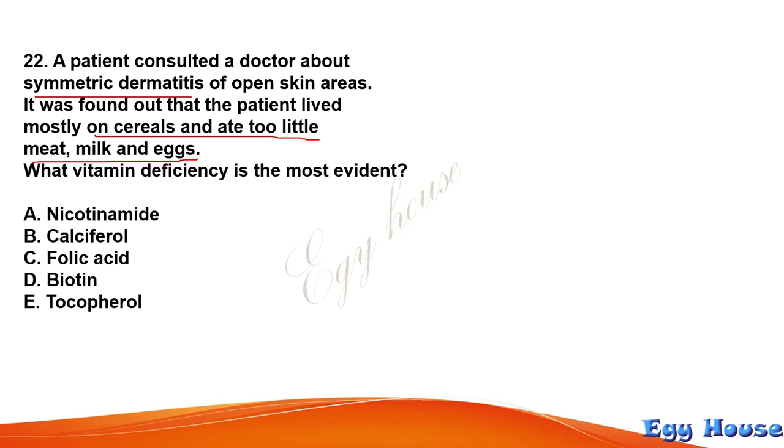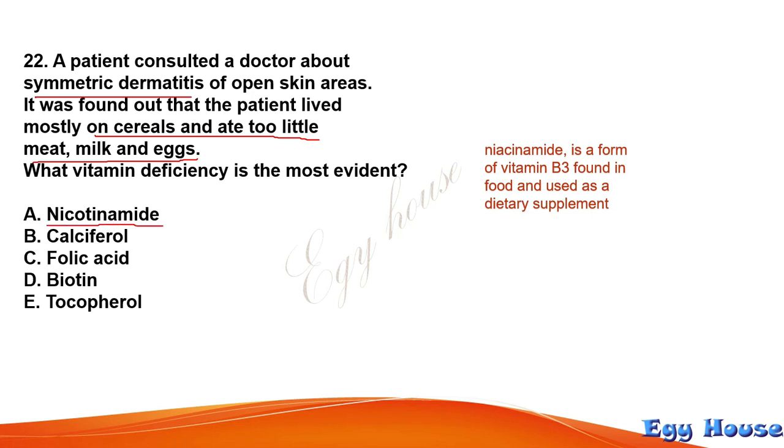So the deficiency of the vitamin that is present in many foods, especially in meat, milk, eggs, and you can also find it in many vegetables and fruits. One of its names is niacinamide, and it's a form of vitamin B3 found in food and used as a dietary supplement. The deficiency of this vitamin can cause the 3 Ds.